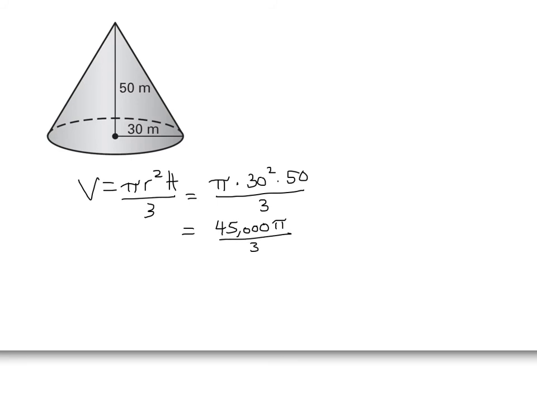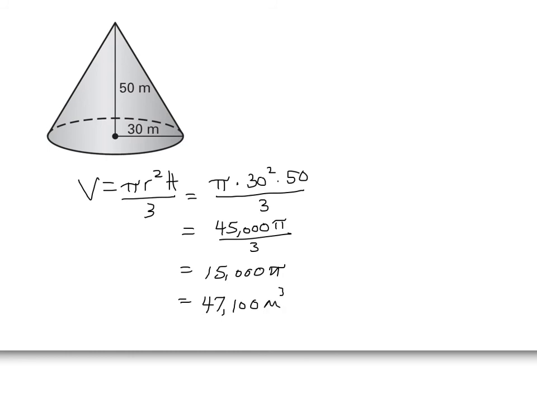I'm simplifying this. If you took 45,000 times pi, hit enter, and then divided by 3, you're going to get the same answer. Well, 45,000 divided by 3 is 15,000 pi. And when I simplify that, I end up with 47,100 meters cubed for that cone.